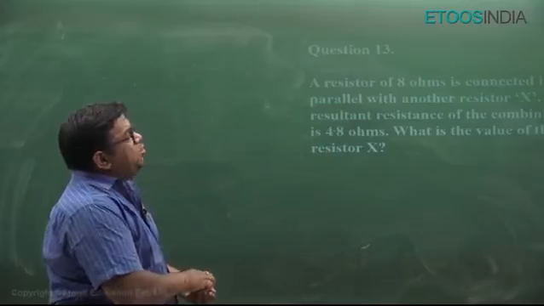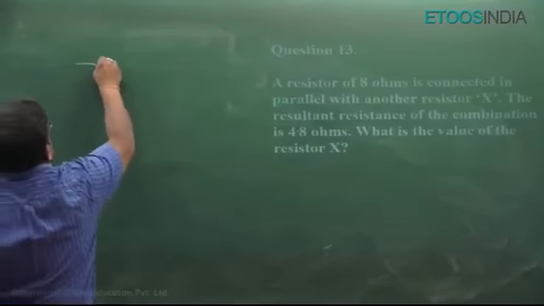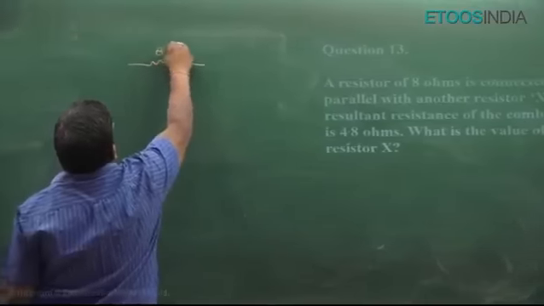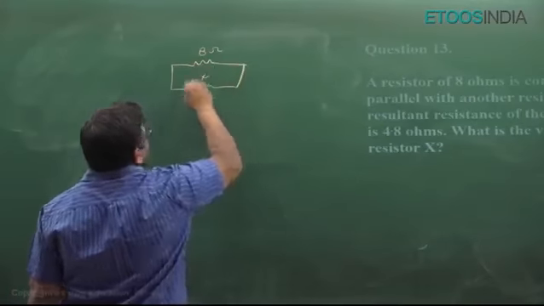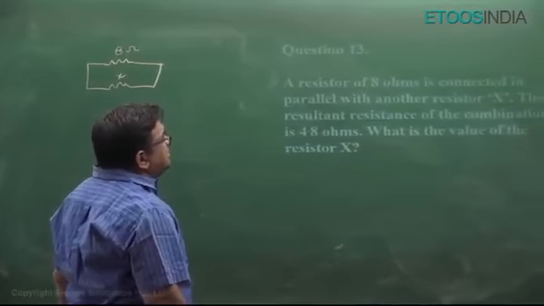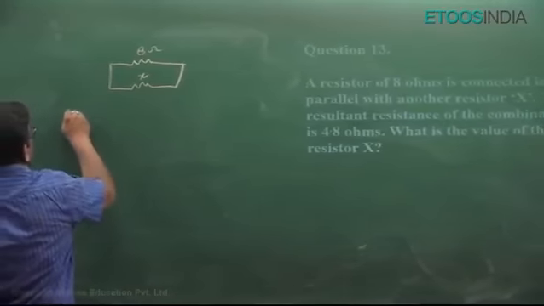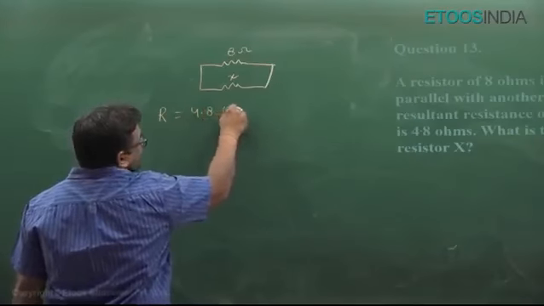A resistance of 8 ohm is connected in parallel with another resistor X. It says that a resistor of 8 ohm is connected with another resistance X. The resultant resistance is 4.8. So R total is 4.8 ohms.